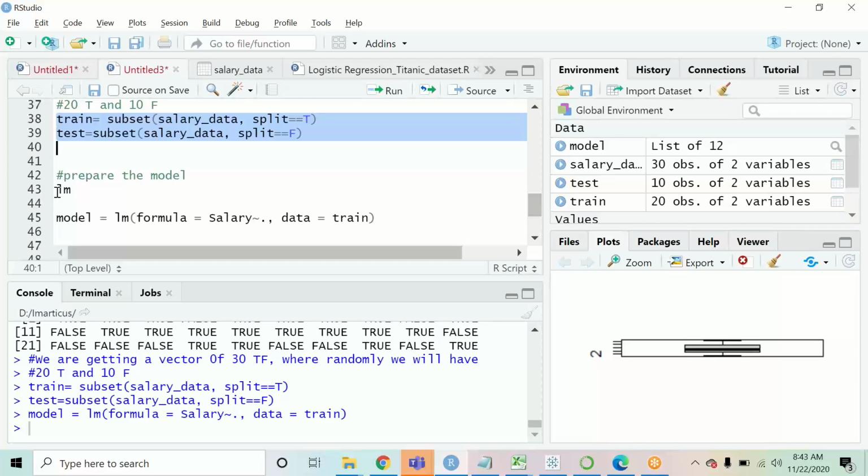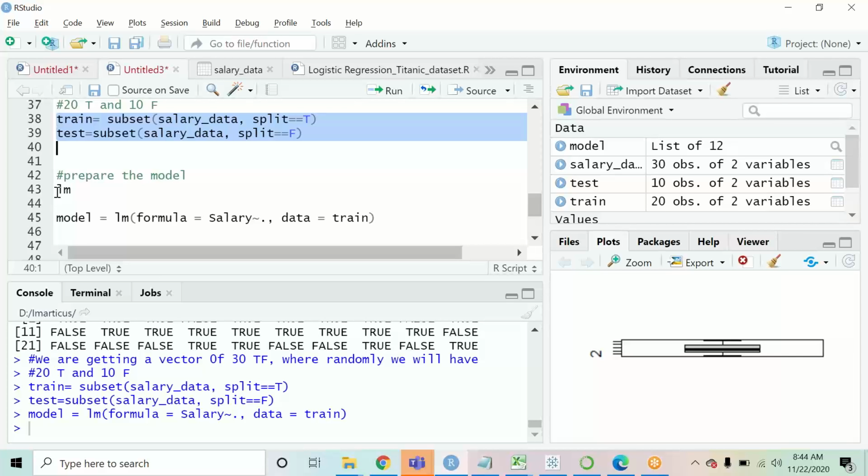I don't have an idea. I mean, out of 30 records, it will have 20 records. So apart from that, what is the purpose? The training data set is something that we use when we have to create our model, something on which we create our model, and the test data set is the one on which we test our model.